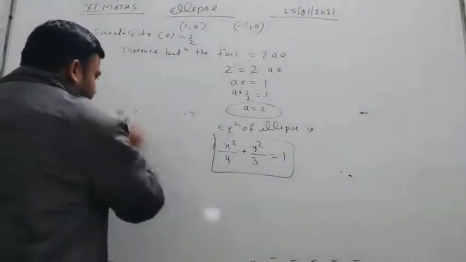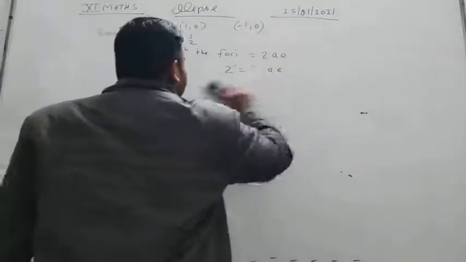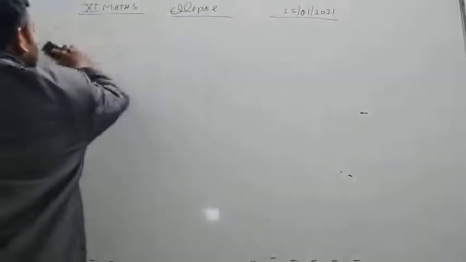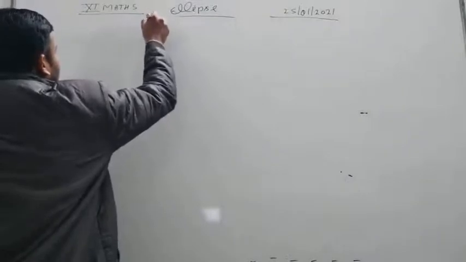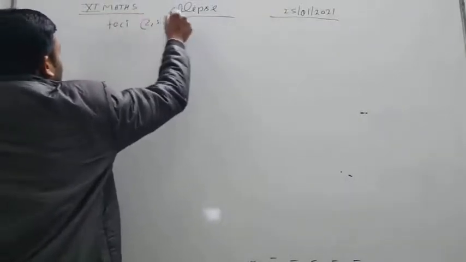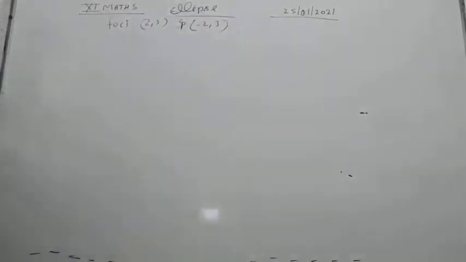Now we take another question. Our next question is: find the equation of the ellipse whose foci are (2, 3) and (minus 2, 3), and whose semi-minor axis is root 5.